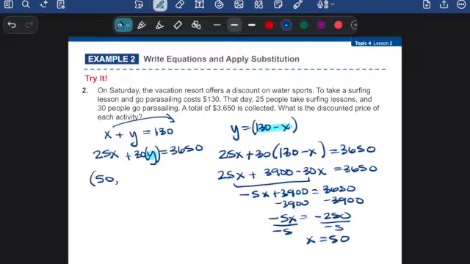Well, we can plug it into this equation to find y. y equals 130 minus x, which is 50. So y is going to equal $80. So $50 to go surfing and $80 to go parasailing on the weekends when they're offering their discount.